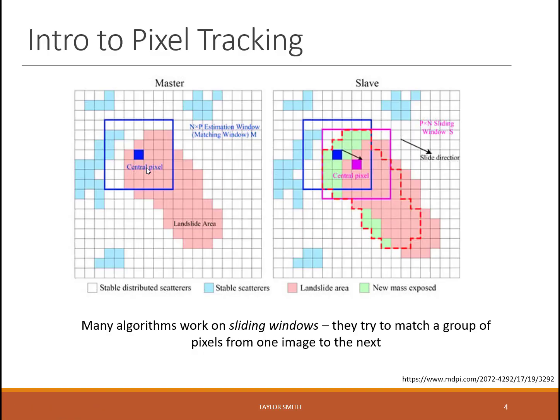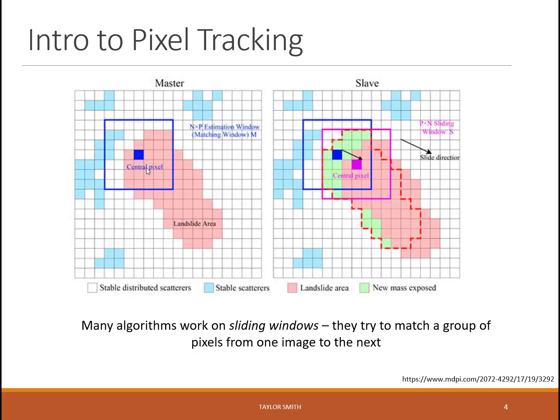The way that you can really think about this in terms of moving images, so in terms of videos, is that if you take one location, for example this blue box, and then you go to the next time step, and you try to find, where is this thing in my blue box? Where is my orange landslide area? Has it moved to the right? Has it moved to the left?